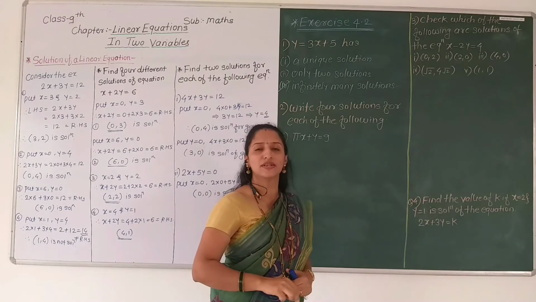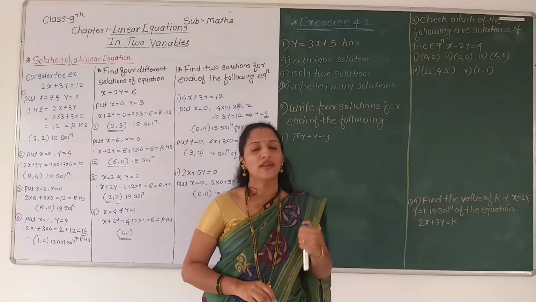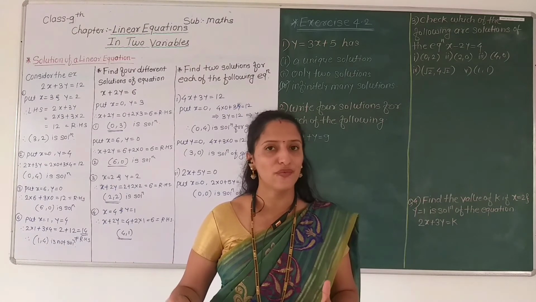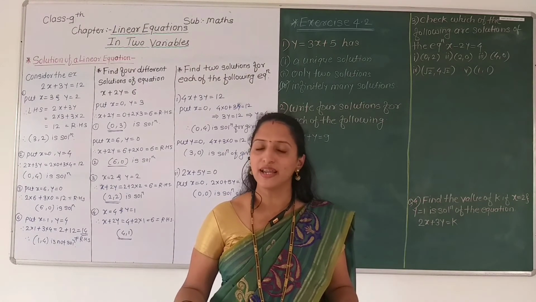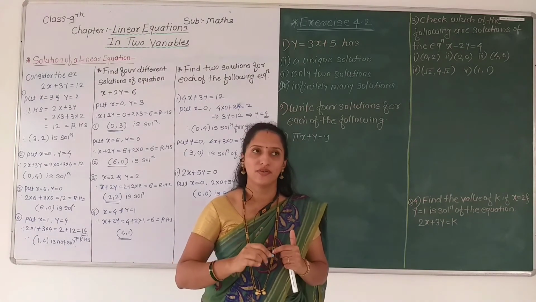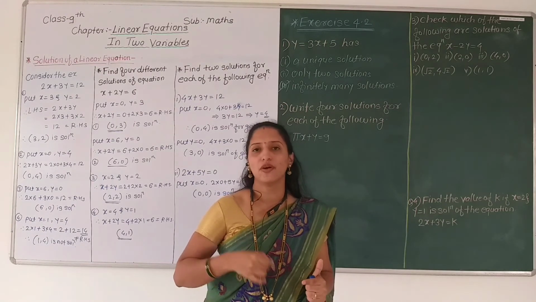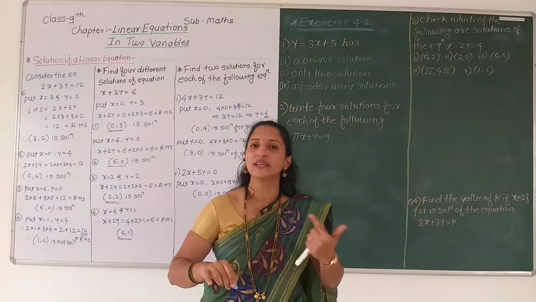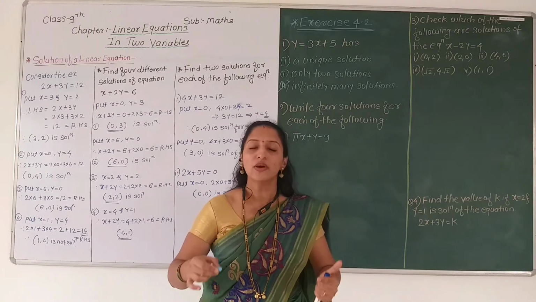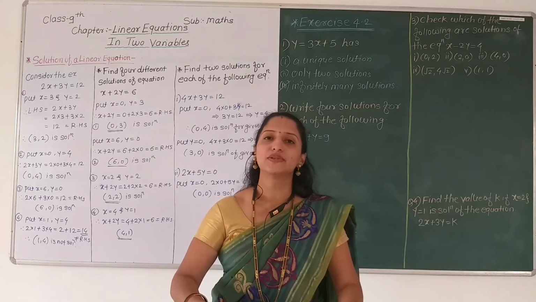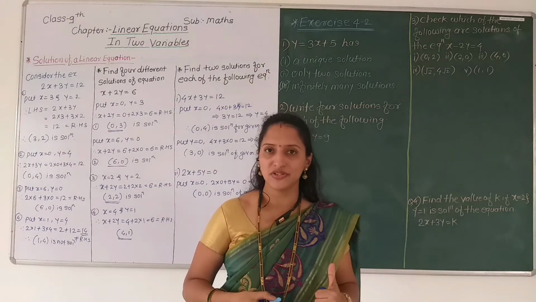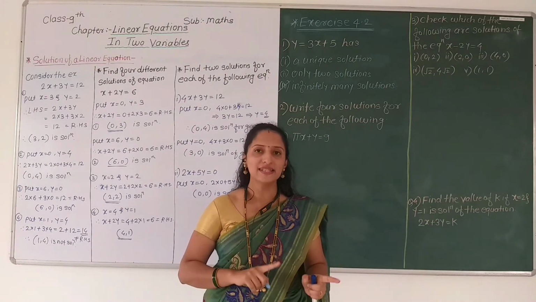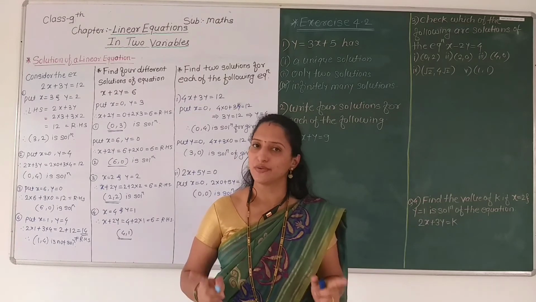Since for every value of x, we get a corresponding value of y and vice versa. If I substitute any value for x, we obtain the value of y. If I put any value for y, we get the value of x. In this way, we can find infinitely many solutions for this linear equation. So every linear equation in two variables has infinitely many solutions.